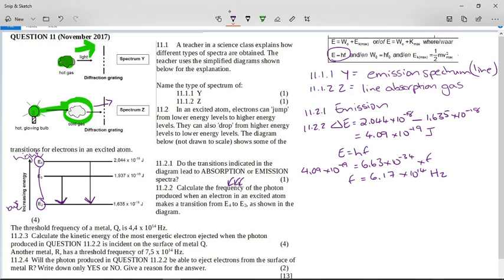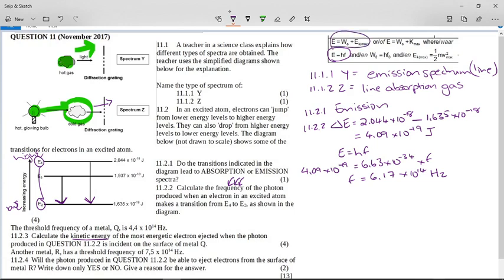Now it says to you, the threshold frequency of a metal is 4,4 times 10 to the 14 hertz. Calculate the kinetic energy of the most energetic electron. So that's the one with the maximum velocity. Ejected when the photon produced in question 11.2.2 is incident on the surface of metal Q. So now we want to link energy to kinetic energy, and here we have this equation here.